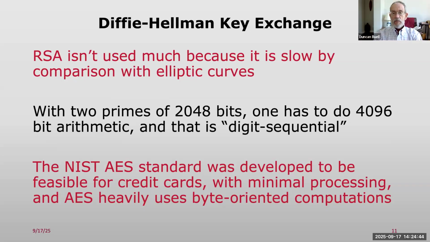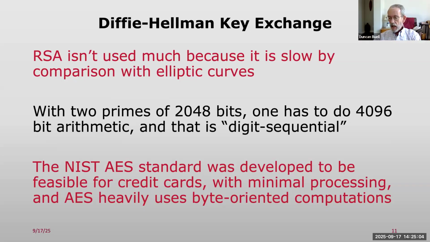And I'll talk about key exchange as an example of this. The NIST standard for AES, the Advanced Encryption Standard, was developed, well, part of the original boilerplate said that it ought to be feasible for credit cards.